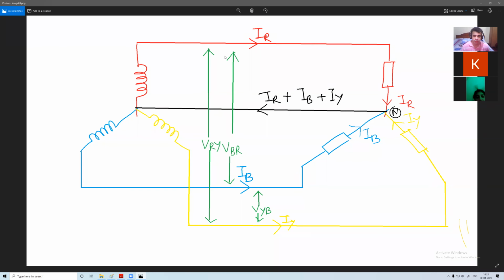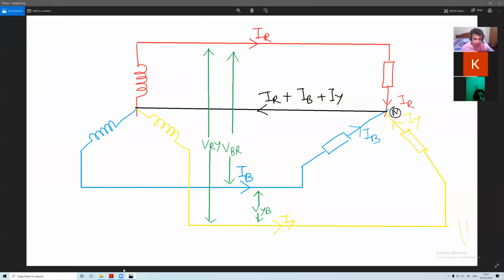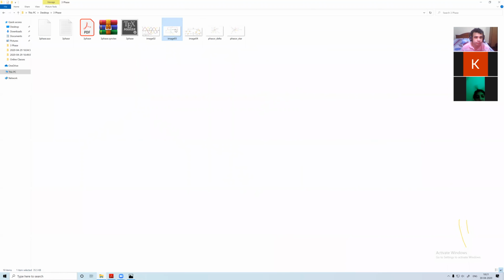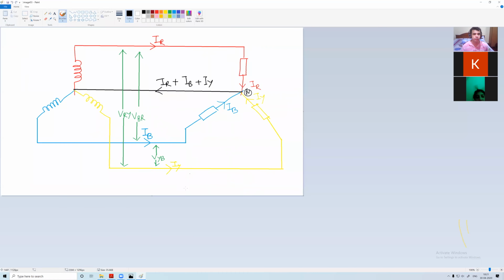So, okay, let me open this in Paint. That would be better. So these are the three phase voltages I have drawn in green.